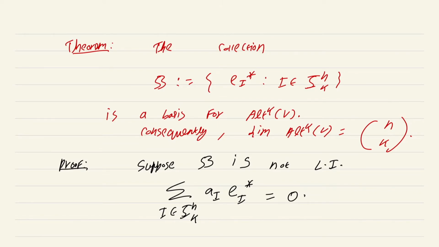If the collection B is not linearly independent, you can find real numbers ai to make this equal to 0.